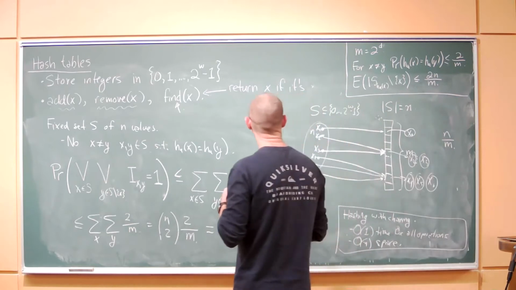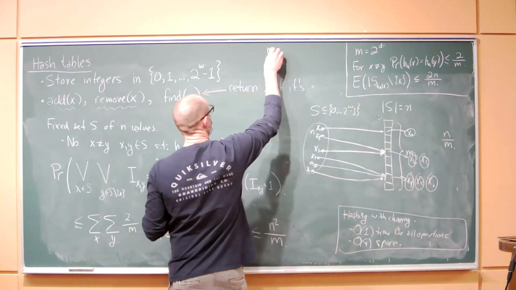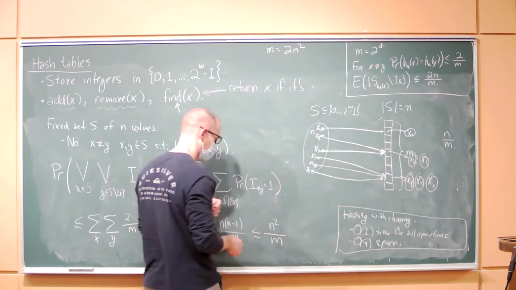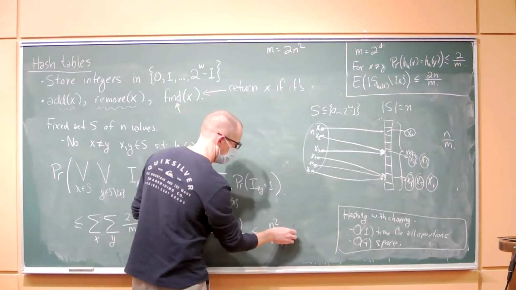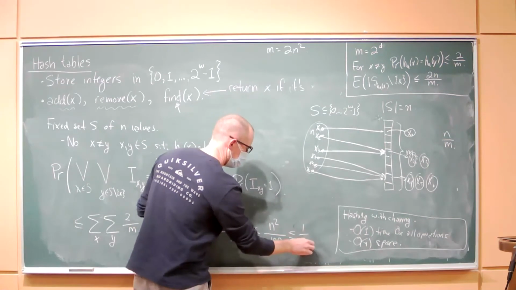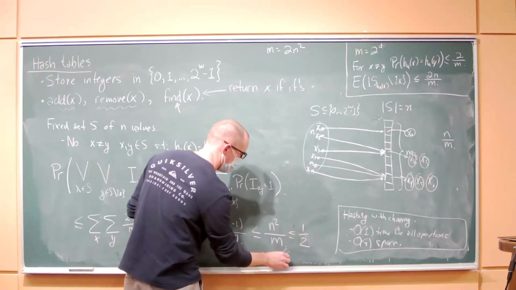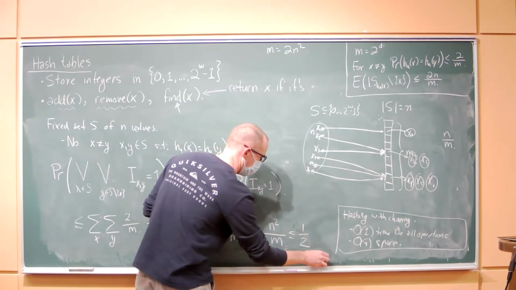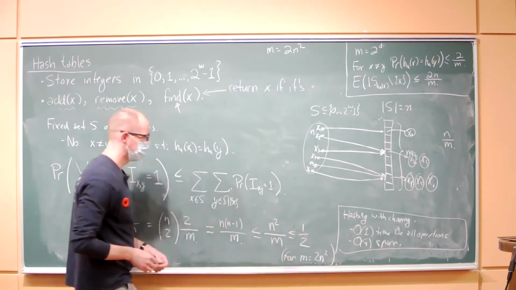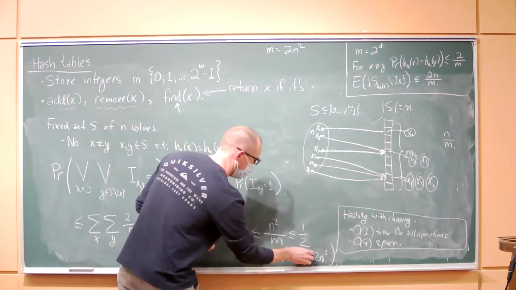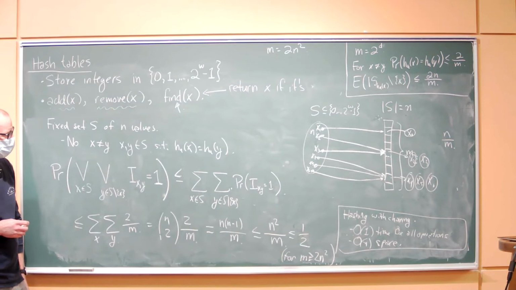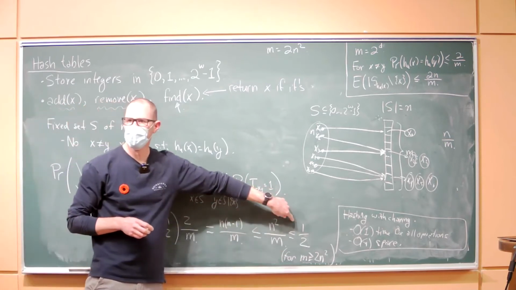In particular, if I take m equal to 2n squared, then this is less than or equal to half. In fact, for any m bigger than or equal to 2n squared, I'll get this thing to be less than or equal to a half.